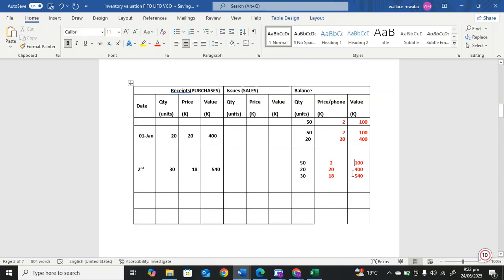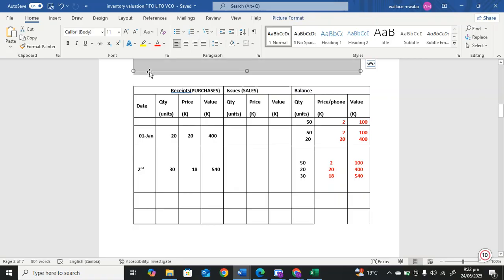Yes, like that. Each time there's a purchase, just remember, this is how you have to separate your goods like this. So now we'll go to our next transaction.